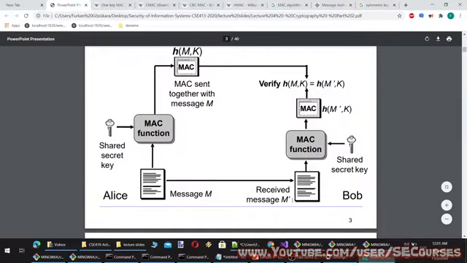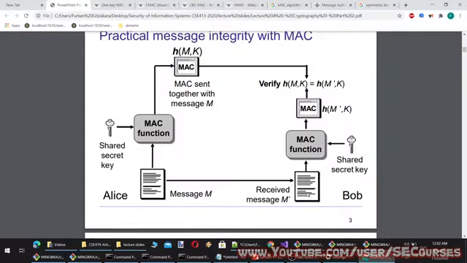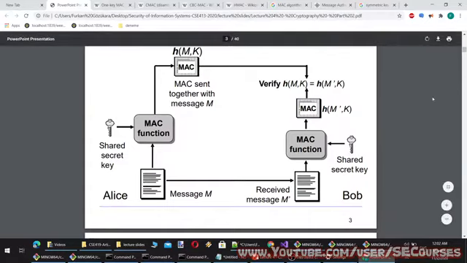Bob receives the message and the MAC code, and then calculates the MAC of the message by using the shared secret key K. If the newly computed MAC code and the received MAC code are equal, then Bob knows that the message indeed came from Alice and was not forged on the way. Okay, so this is how it works. It's pretty simple.